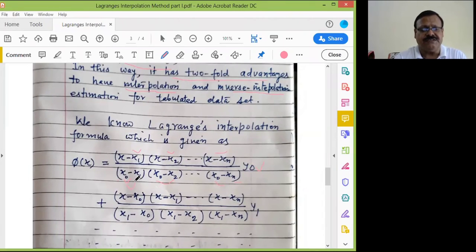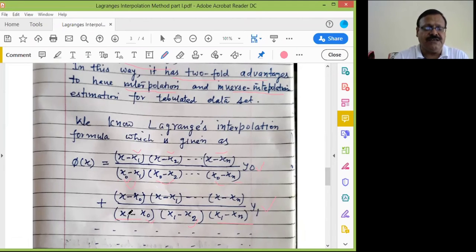Second term, how do we set the second term? The second term's denominator begins with x1: x1 minus x naught, x1 minus x2, and so forth up to x1 minus xn, because x1 minus x1 is not allowed. Corresponding to x1, here you have to put y1.